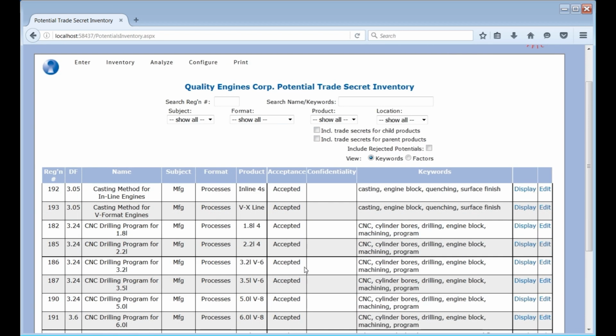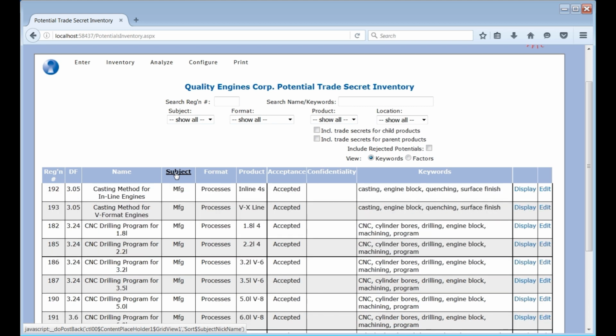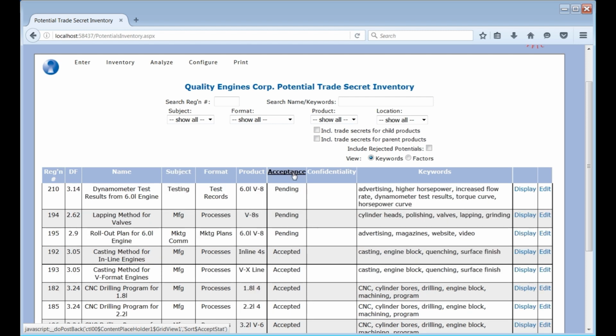In terms of looking at these different trade secrets, I can sort them by name. I can sort them by subject. So there's reverse order, T is first. There's the forward order, manufacturing is first. I can sort them by acceptance. I can also sort them the other way in reverse order, so I can see that there are 3 pending that I need to look at. The confidentiality level I'll show you in a moment.